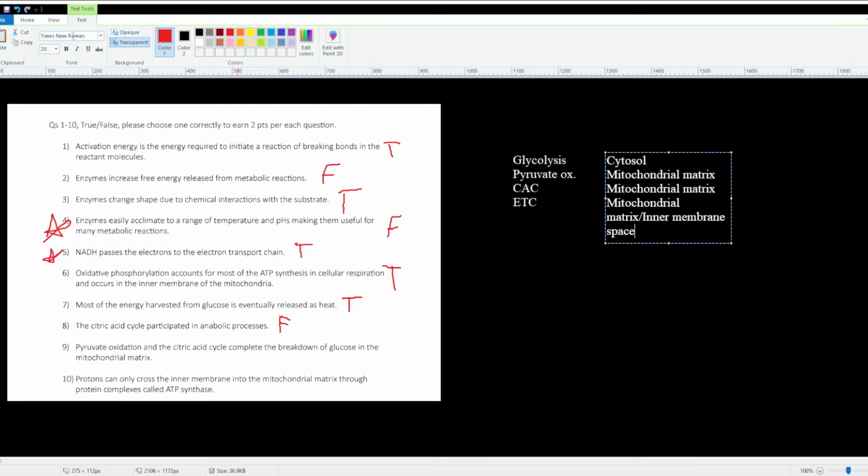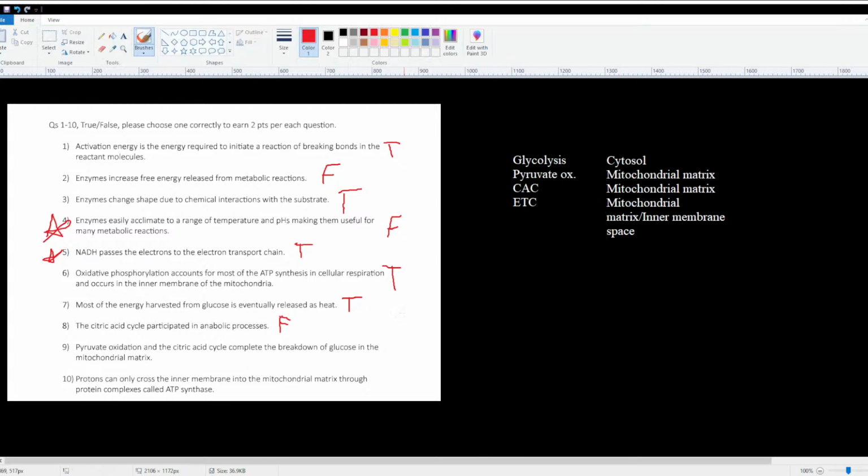I'm gonna take this question at face value, right? So we're breaking down glucose. We're completing the breakdown of glucose, right? In the ETC, we're utilizing everything that we made in glycolysis, pyruvate oxidation, and the citric acid cycle.